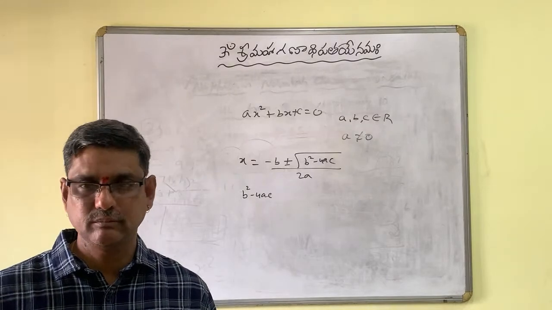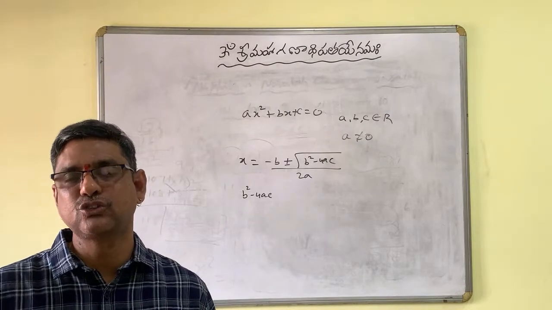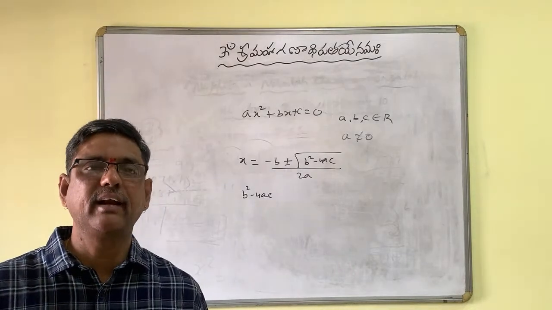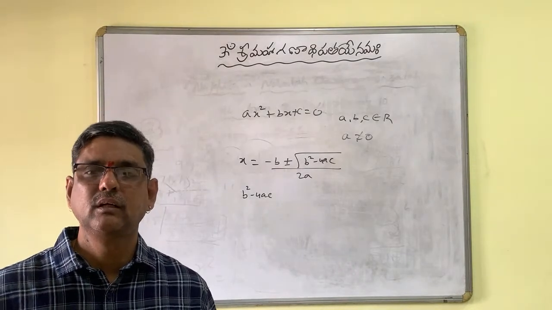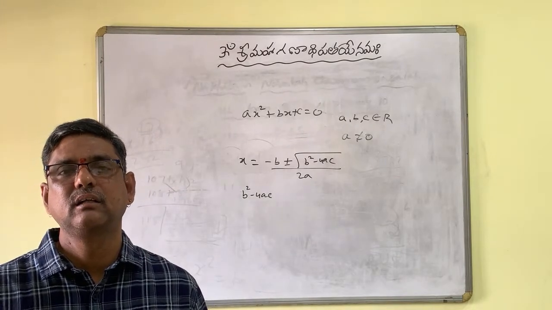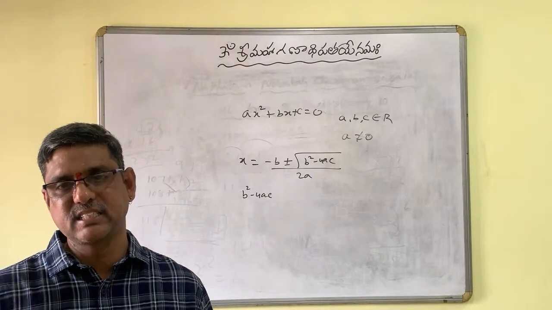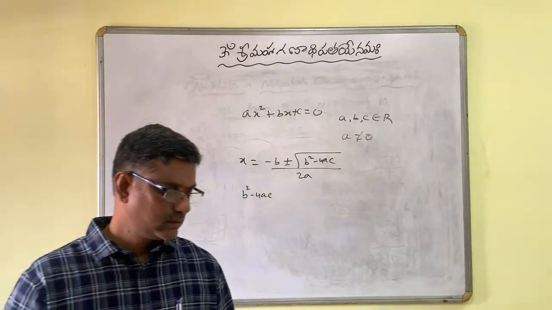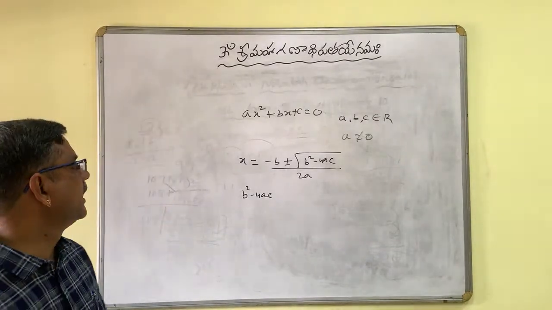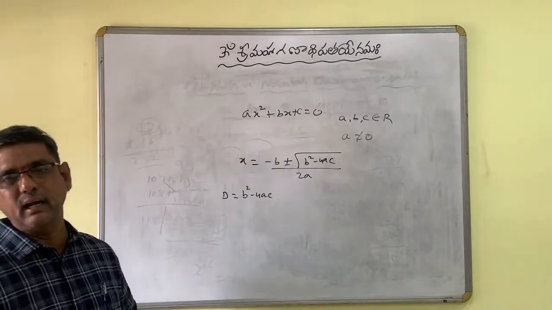Discriminant means it discriminates the zeros, the roots of the given quadratic equation. It bifurcates the roots of the quadratic equation. It decides, discriminates. It is called a discriminant, denoted by the capital letter D.